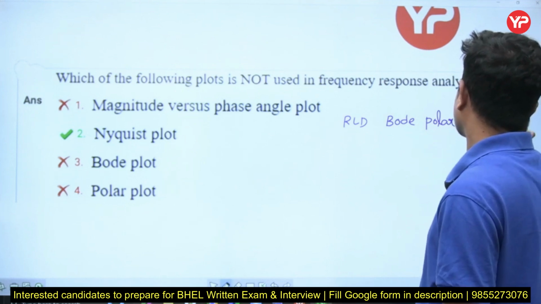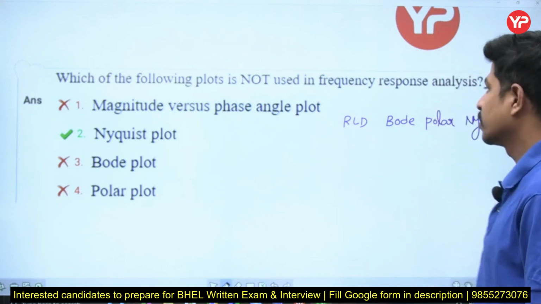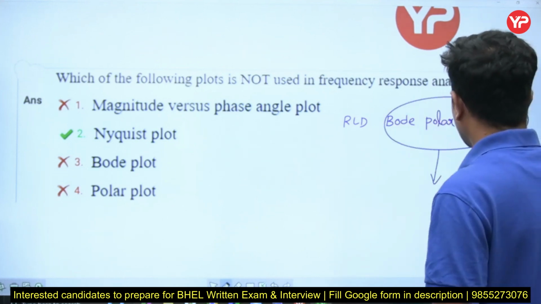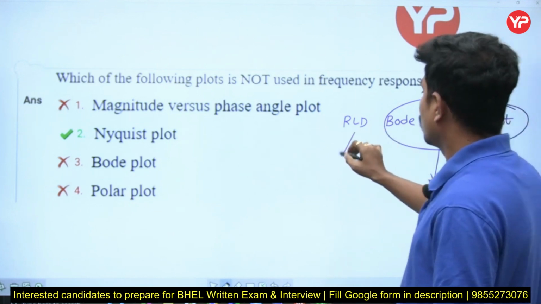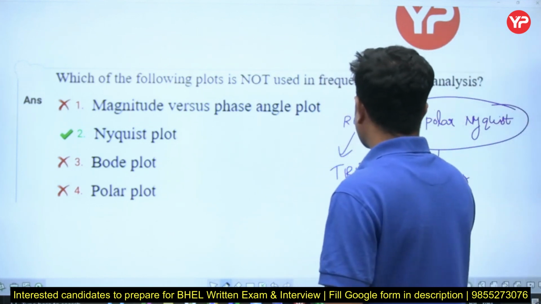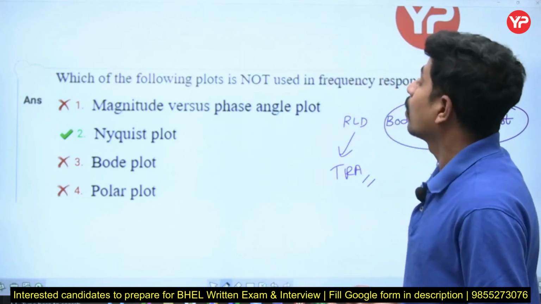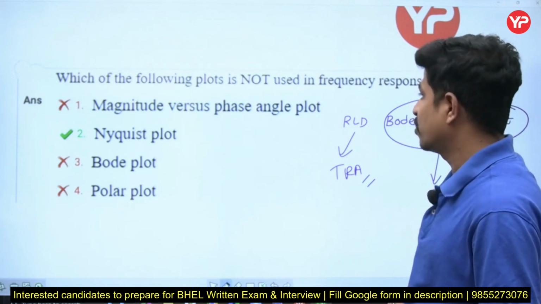These are the plots we learn, and there are some M and N circles which are not there in the syllabus. So all these three are frequency response analysis techniques. This is only a time response analysis technique. Again, root locus is a time response analysis technique. Now he is asking which of the following plots is not used in frequency response analysis.